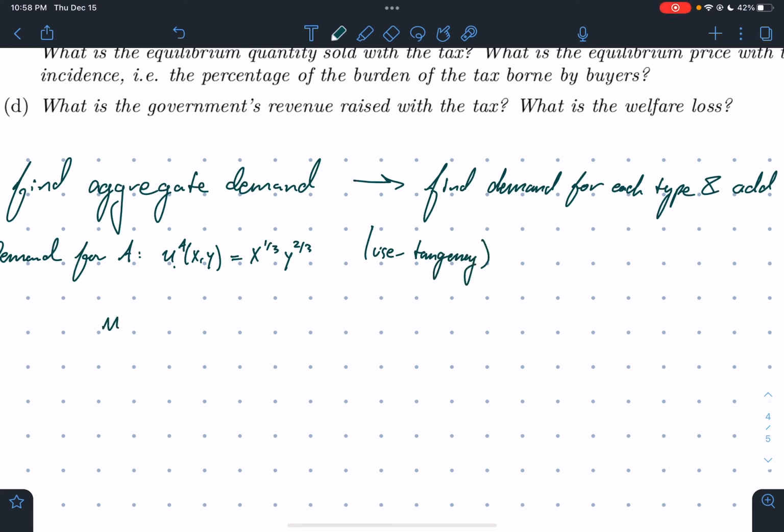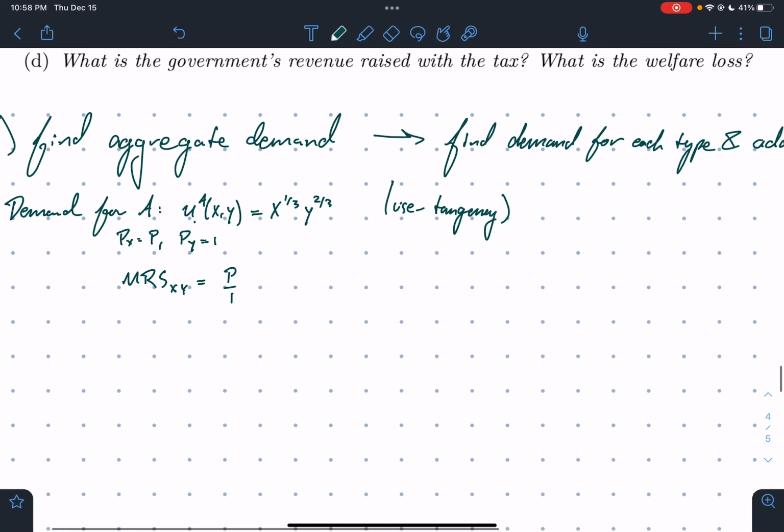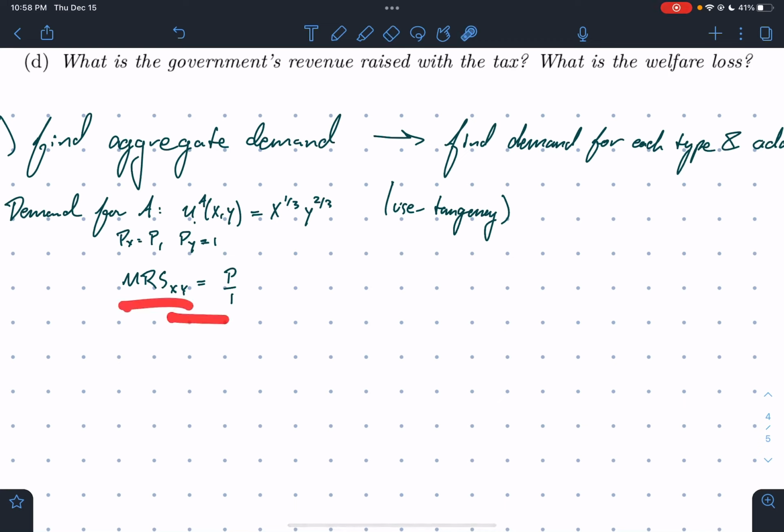What that means is we're going to set the marginal rate of substitution between x and y equal to p over 1. Again, because px is equal to p, py we're assuming is equal to 1. So we're going to find the MRS and set it equal to p.